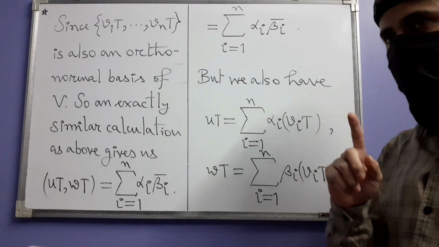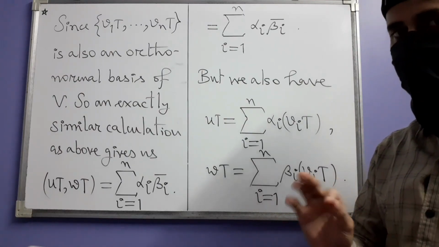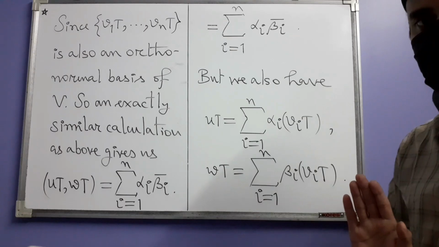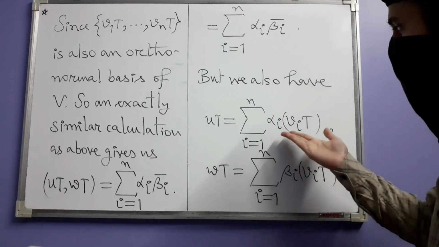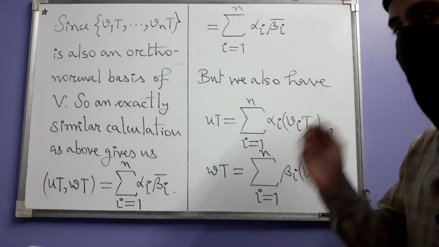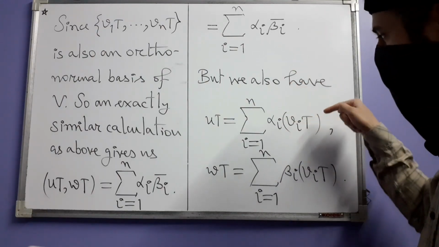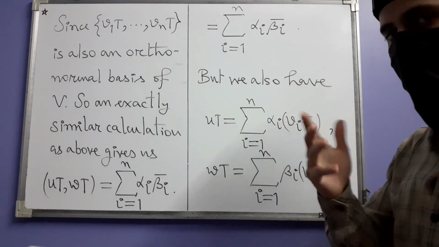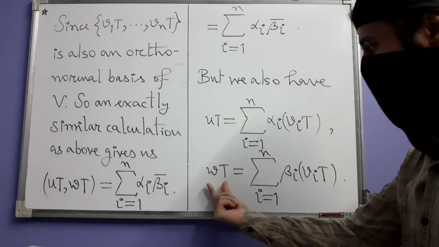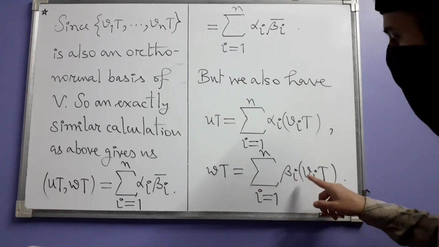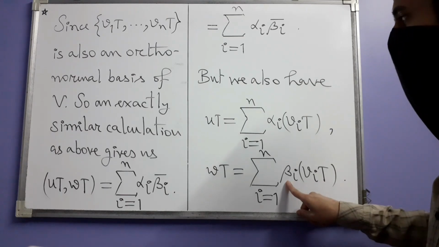T respects addition of vectors as well as scalar multiplication. So this is how you get uT itself as a linear combination of the v_iT's, the images of the v_i's, the original basis vectors under T, and the scalars remain the same. Similarly, wT equals this linear combination of the v_iT's where the scalars are beta i.